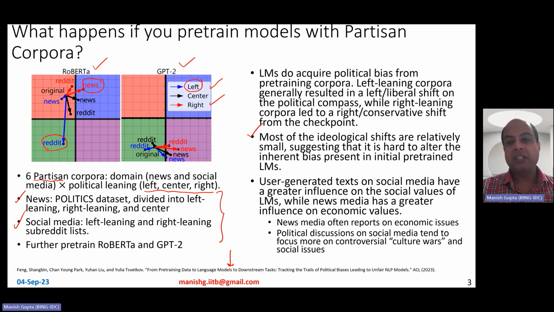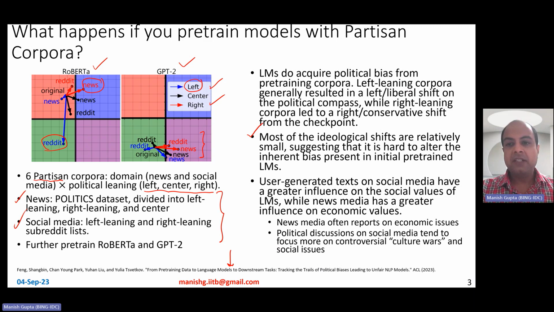So most of the ideological shifts, however, interestingly, are relatively smaller. So suggesting that it is harder to alter the inherent bias which is present in these initial pre-trained models. Which is somewhat of a good news in that sense. Especially if you look at the bias changes that happen in the GPT-2 model, they are relatively narrow and rather controlled. Okay.